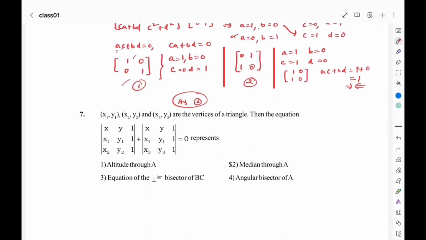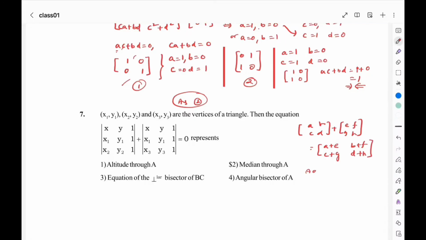Now, matrix addition: ABCD plus EFGH, we can add matrices. It is called addition of matrices.